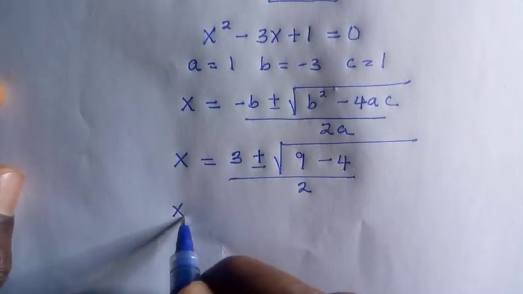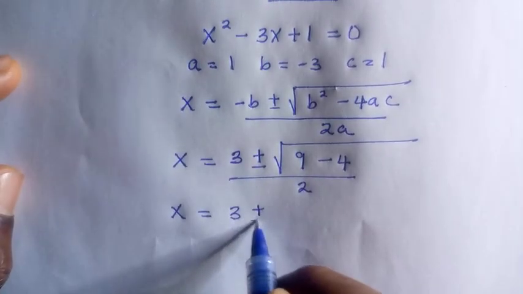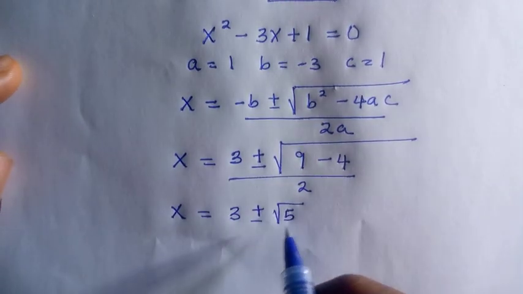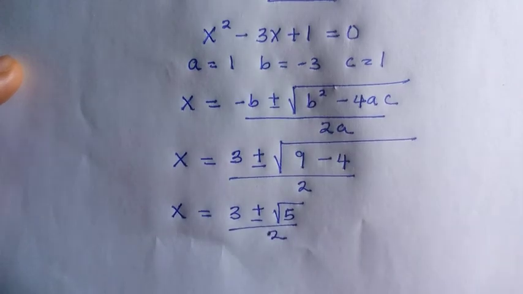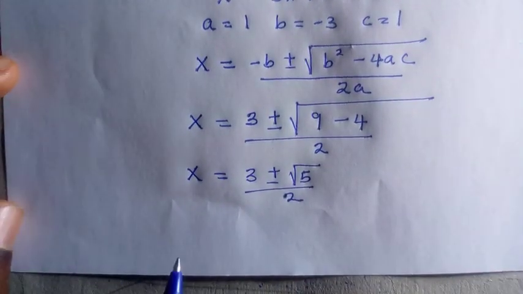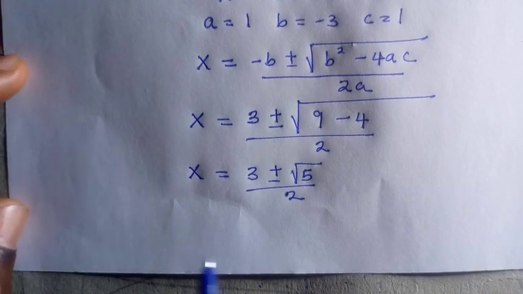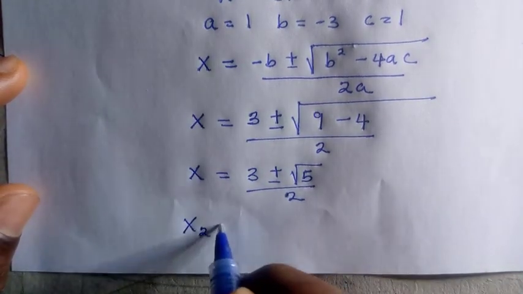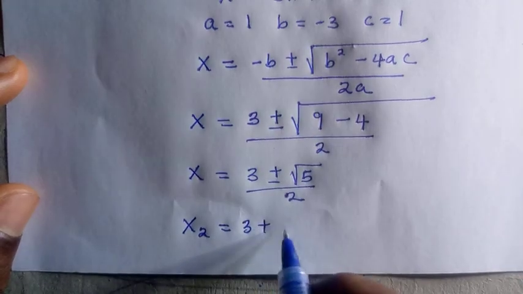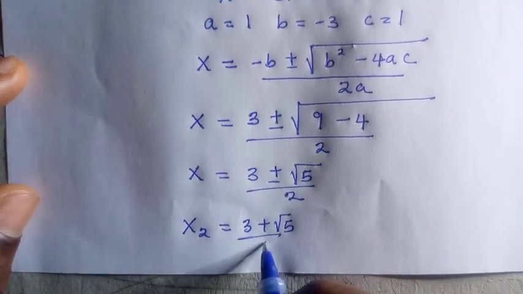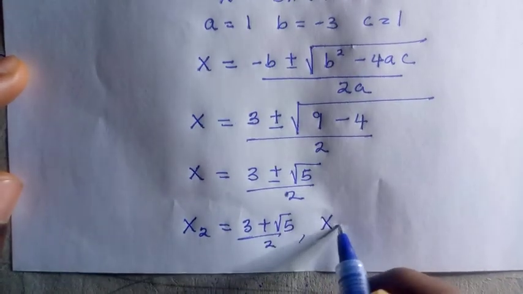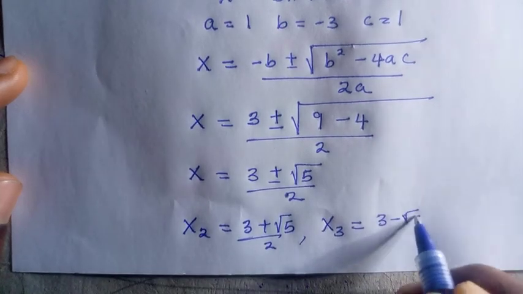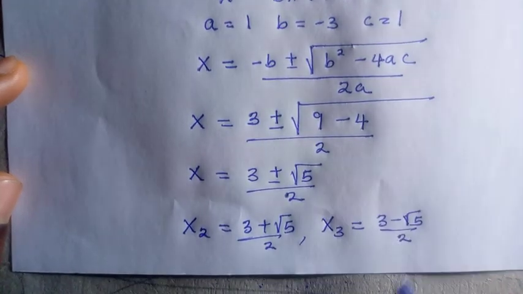At this stage, we have x equals 3 plus or minus the square root of 9 minus 4, which is 5, divided by 2. With this, we have x1, then we need x2 and x3 since it is a cubic equation. x2 is 3 plus root 5 divided by 2, and x3 is 3 minus root 5 divided by 2.